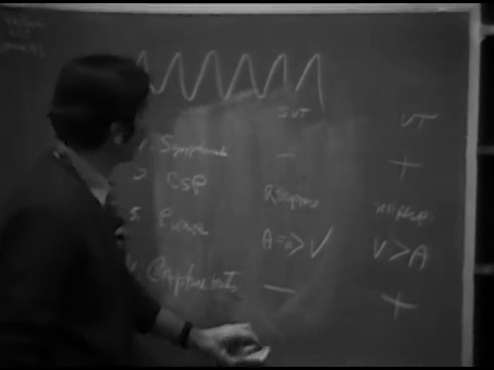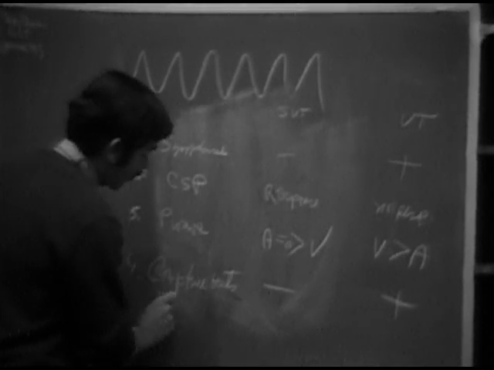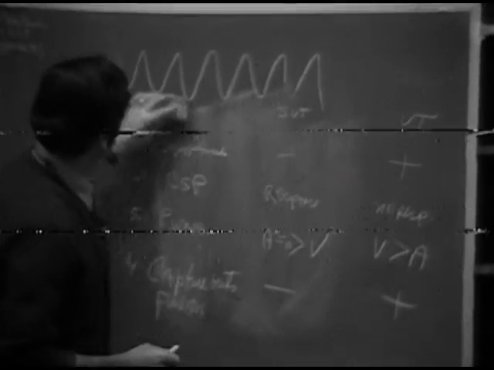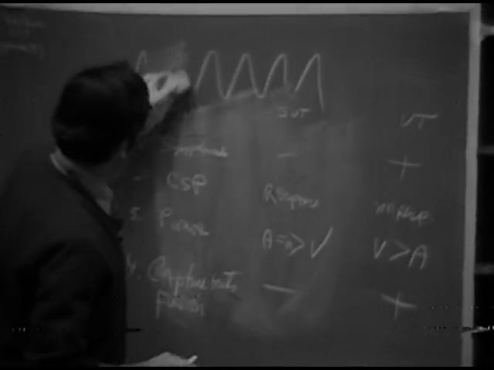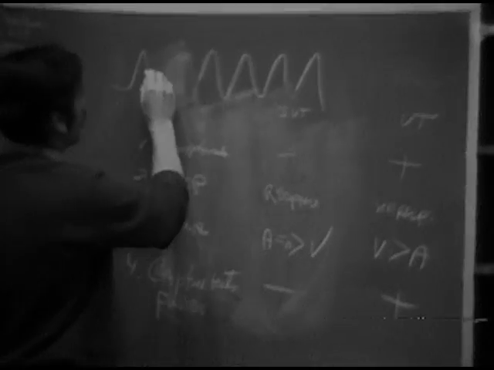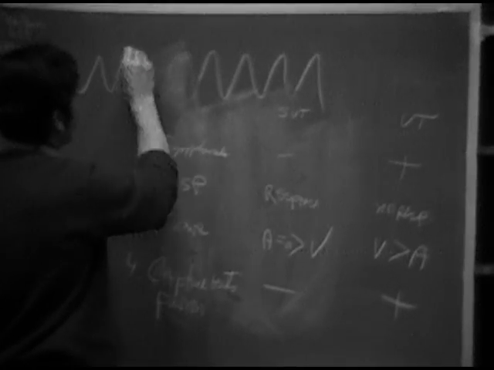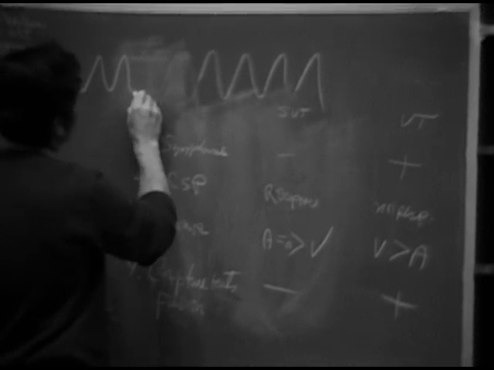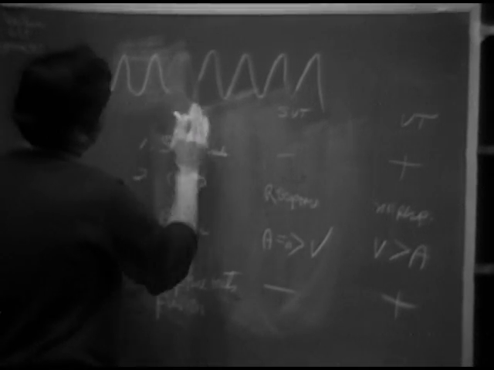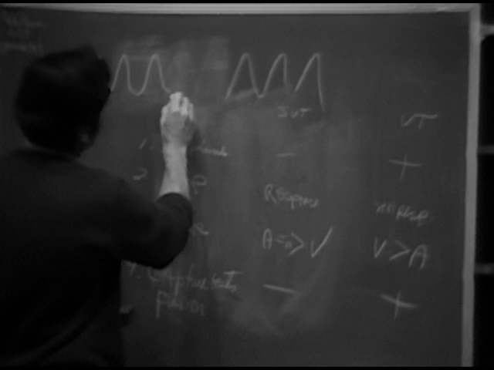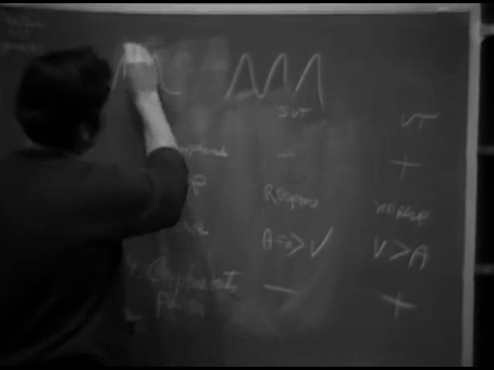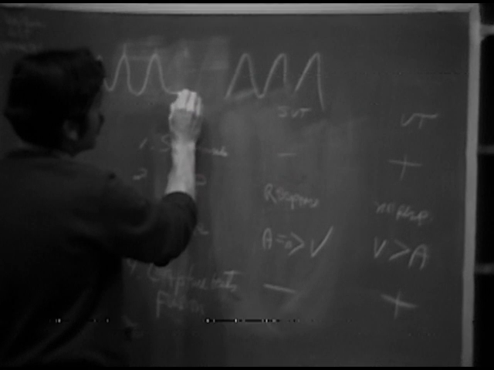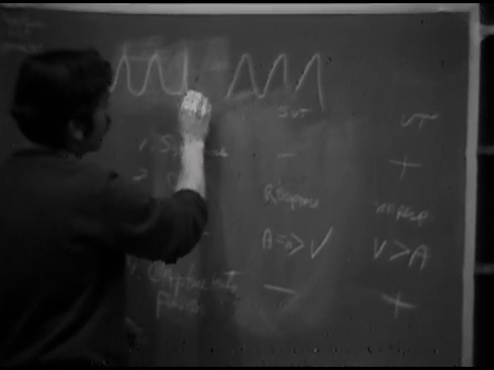And for a capture beat or a fusion beat, this goes for fusion as well, what you might see in the electrocardiogram is something that looks like this. You're going along with your rapid rate. And then a little earlier than you'd expect the next beat to come, you'll see a normal appearing QRS complex.